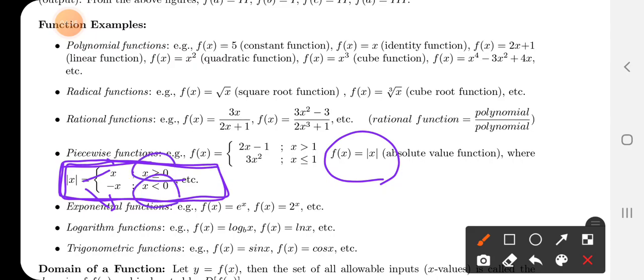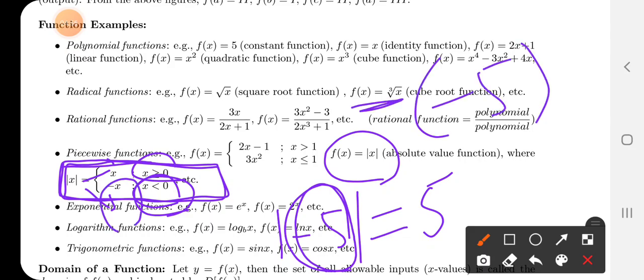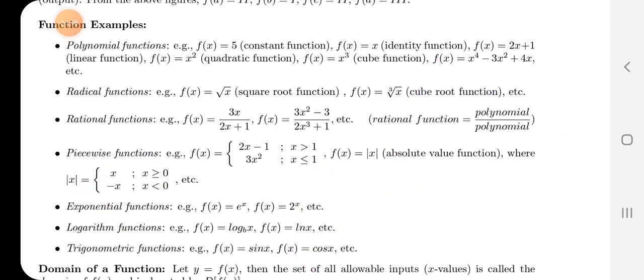If x is positive, then it's equal to itself, and if x is negative, then it's equal to the negative of itself. For example, if you have negative 5, what's the absolute value of negative 5? It is 5. Why is it 5? Because the number inside is negative, so the answer is the negative of this, minus negative 5 will be positive.